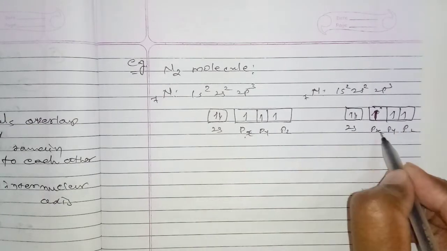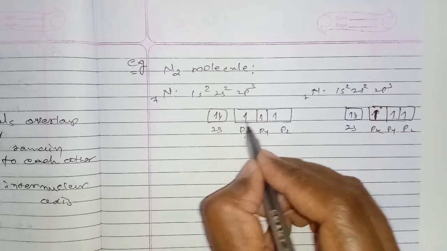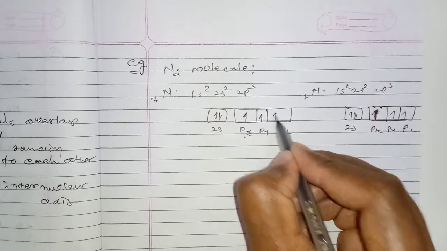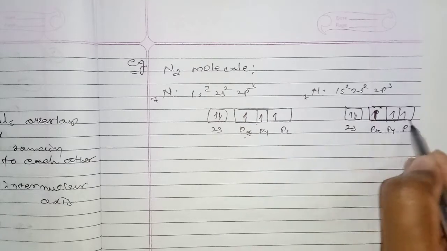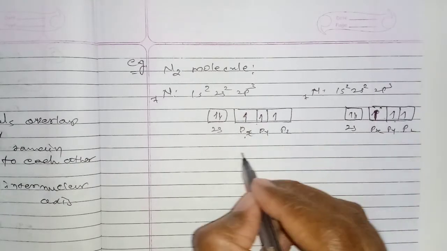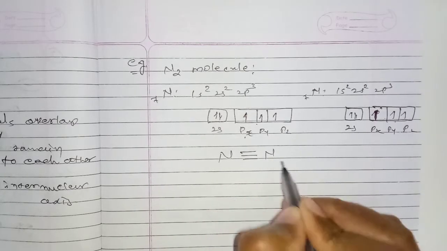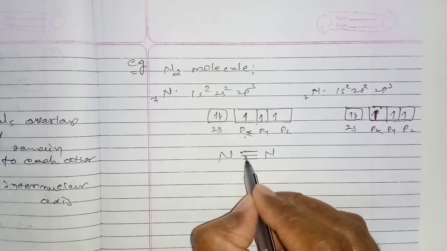Always the orbitals which have unpaired electrons overlap each other. Here in the two nitrogen atoms there are 3 bonds.